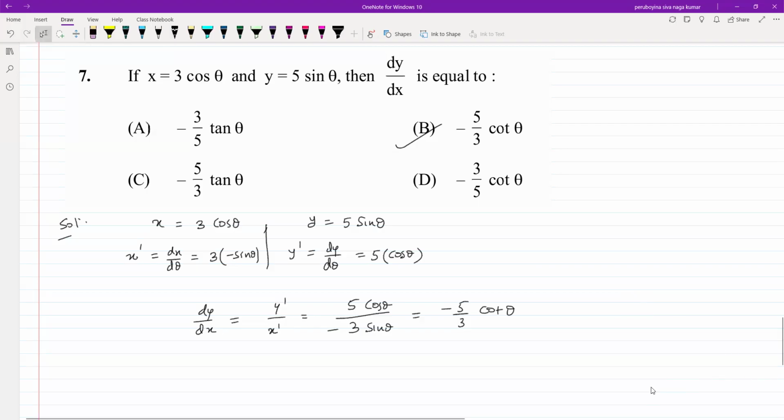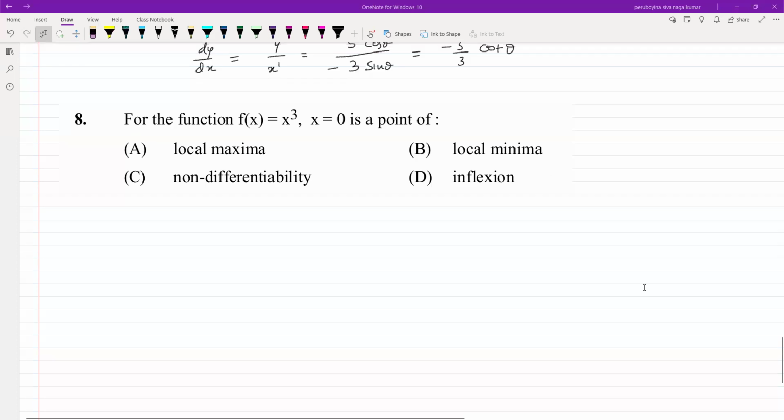And sometimes theta values are also mentioned. Problem number 8. For the function f of x is equal to x cube, x is equal to 0 is a point of local maximum, local minima, non-differentiability and inflection.